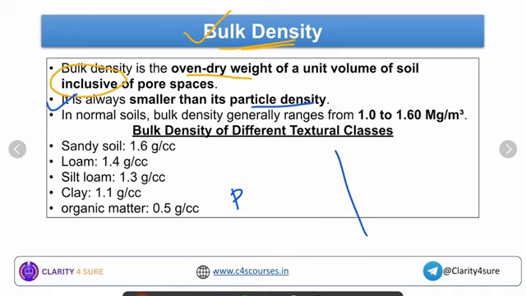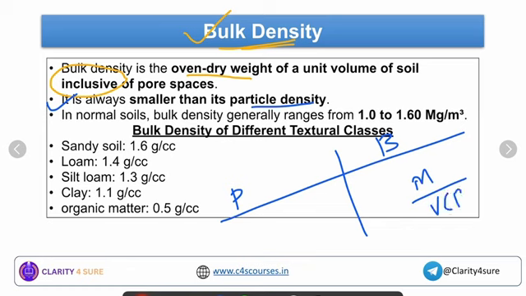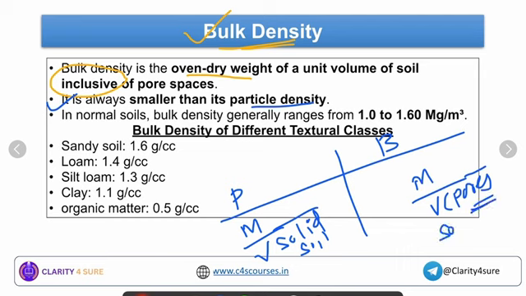Let's clear this point. Particle density, and this is bulk density. We saw it is mass upon volume, but including the volume of pores. Here it is just mass and volume of just the soil solids. So we are adding here soil solids plus pores, so we are increasing the value of the denominator.